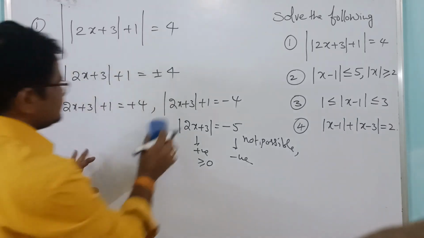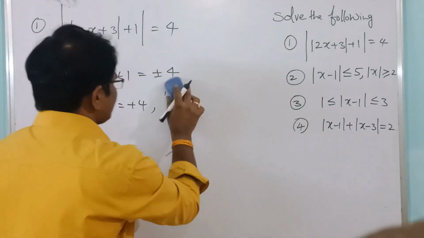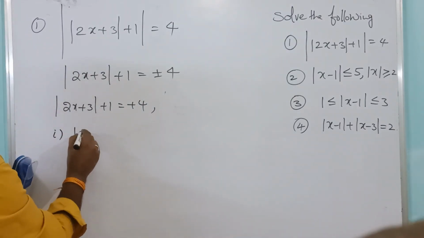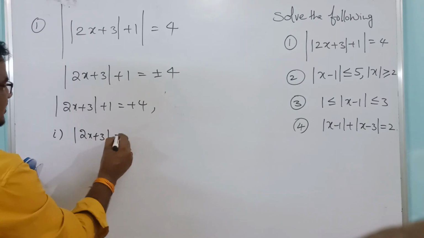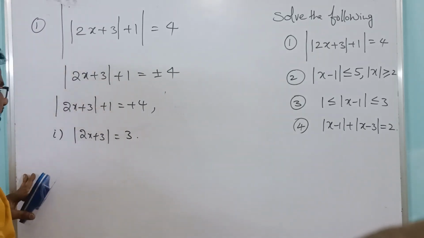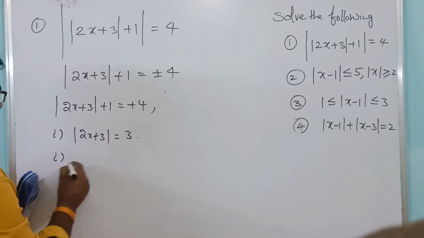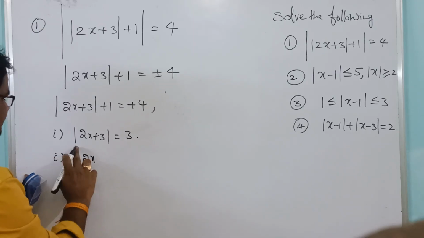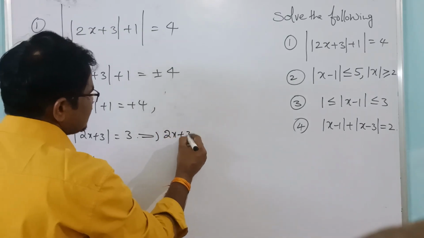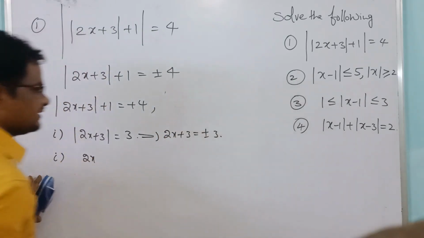Here again two cases. Modulus of 2x plus 3, if you simplify 1 and bring it to this side, what will we get? 3 you will get. Now what is the first case? Modulus of 2x plus 3 means you write it as 2x plus 3 equal to plus or minus 3.